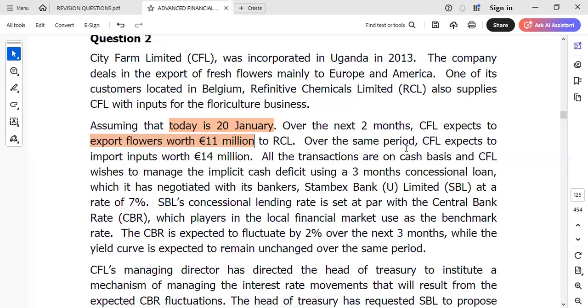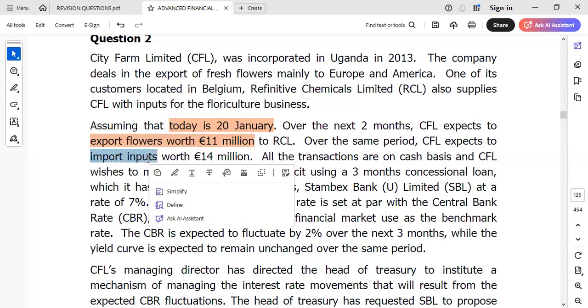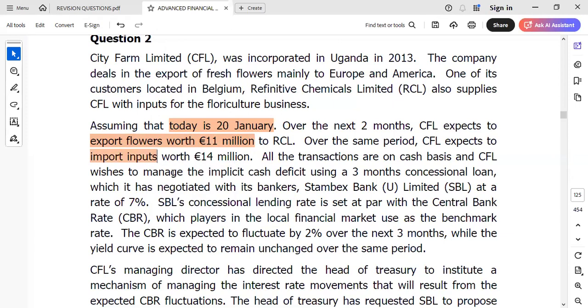Over the same period, CFL expects to import inputs worth 14 million euros. Now, when you meet such kind of statements, you need to net off, because this is happening at the same time.